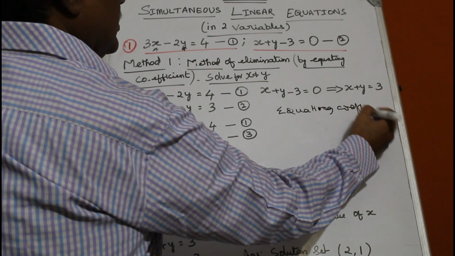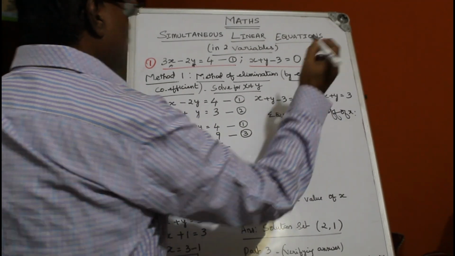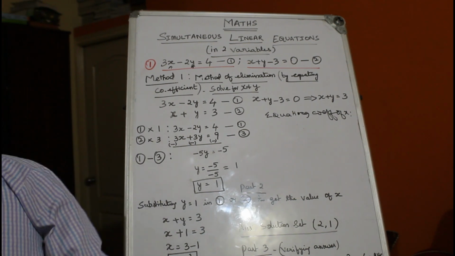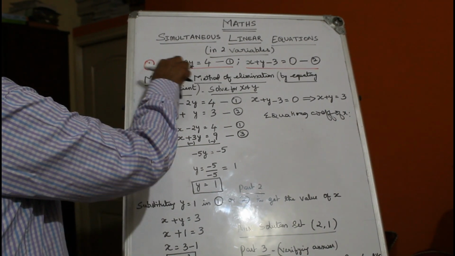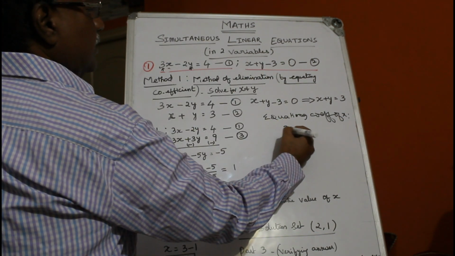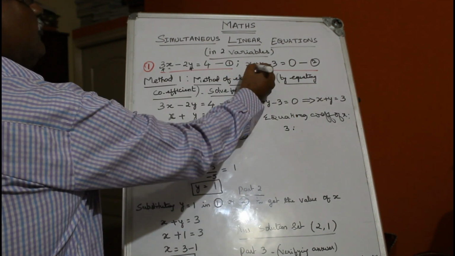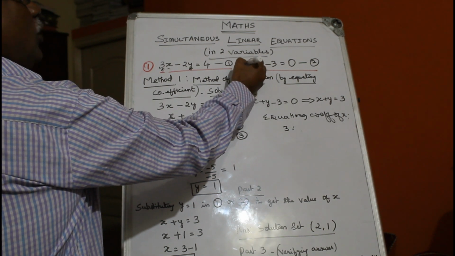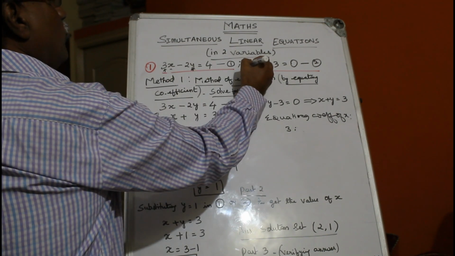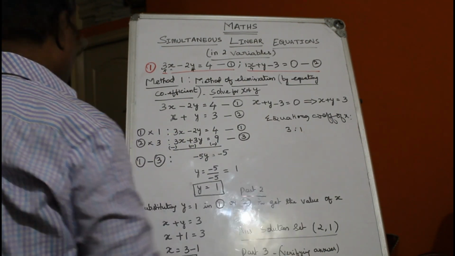Now the coefficient of x in the first equation is 3, and in the second equation it is 1. So put here 3 is to 1.